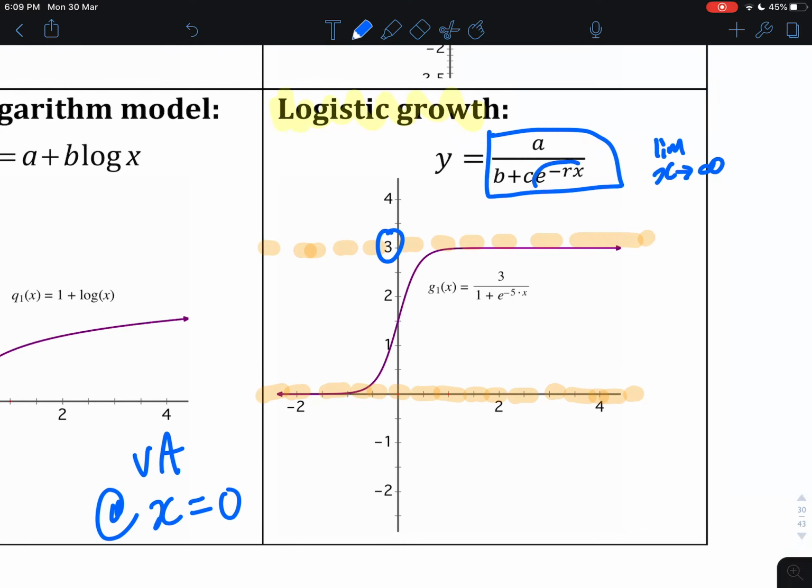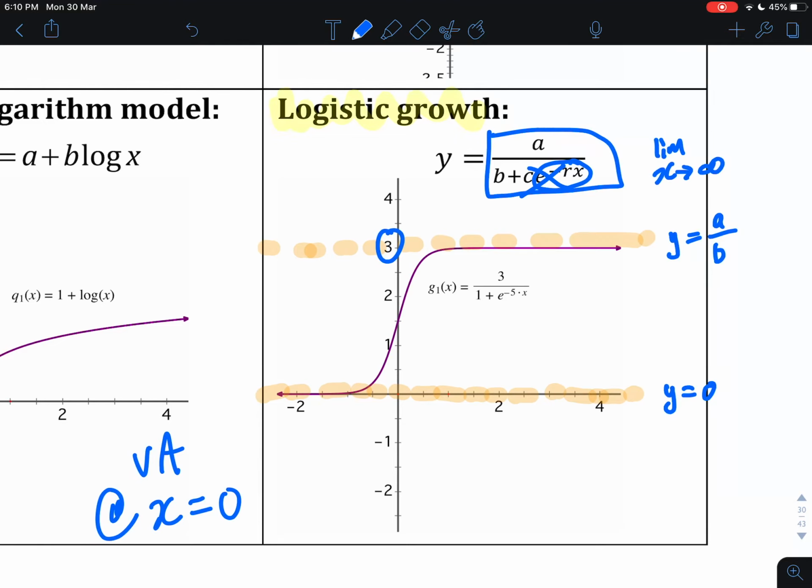What that is going to cause is, of course, for this term over here to approach 0, and our asymptote therefore will approach y equals the ratio of a over b, and the second horizontal asymptote is simply going to be at y equals 0, which is of course going to happen as x approaches minus infinity.